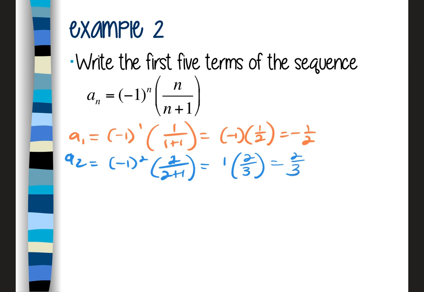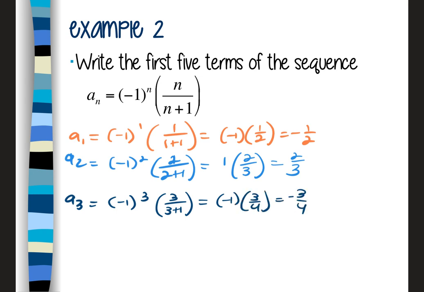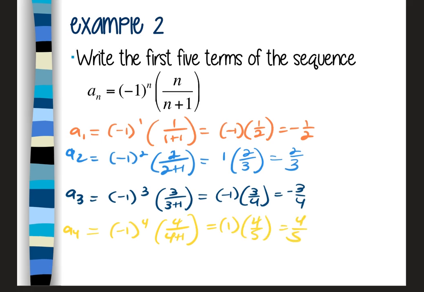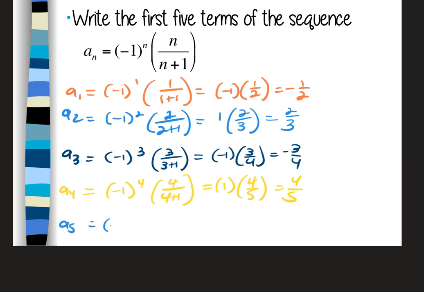Then I go A3, negative 1 to the third, times 3 over 3 plus 1, negative 1 times 3/4, negative 3/4. And then A4, negative 1 to the 4th times 4 over 4 plus 1, which is a positive 1 times 4/5. And last one, A5, negative 1 to the 5th, 5 over 5 plus 1.